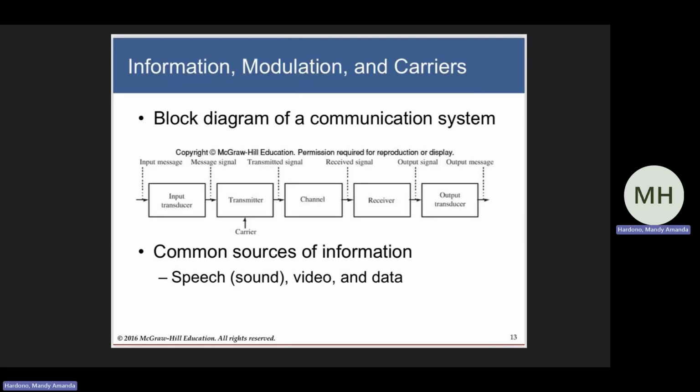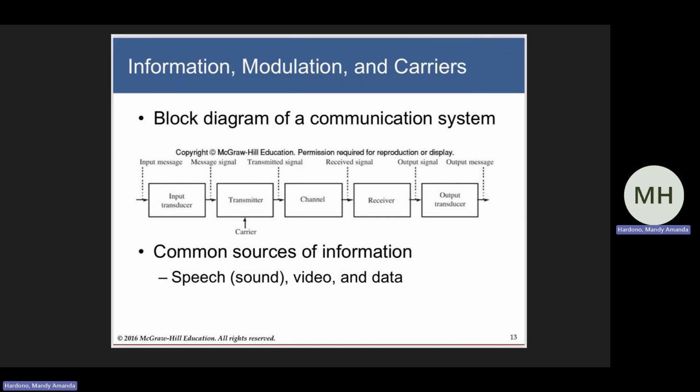Next, we want to go into analog communication systems. One very important thing to memorize is the block diagram of a communication system. You want to know what goes before and after a certain stage. First you have the input transducer, then the transmitter, which might attach a carrier, then the channel, then the receiver, then the output transducer.